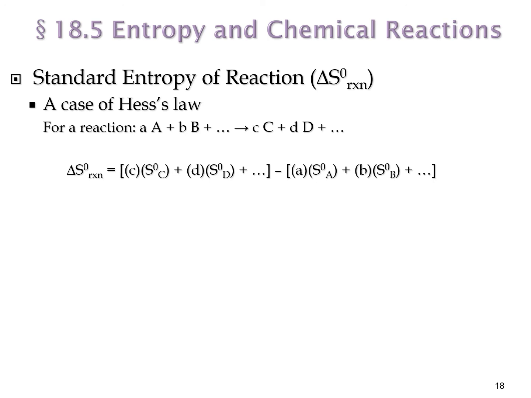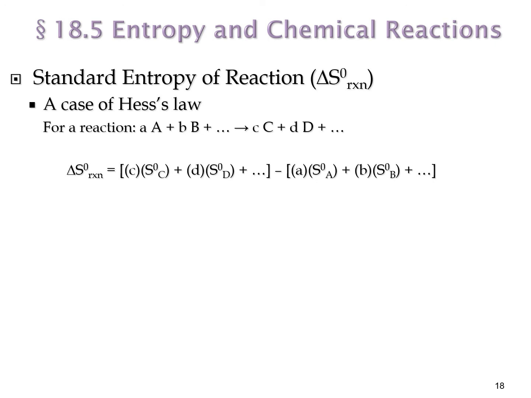the coefficient c times the standard molar entropy of C, plus d times the standard molar entropy of D, and so on until we exhaust all the products, then minus the coefficient a times the standard molar entropy of A plus the coefficient b times the standard molar entropy of B, and so on.